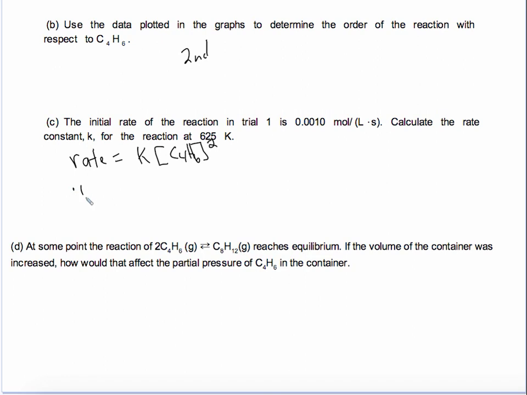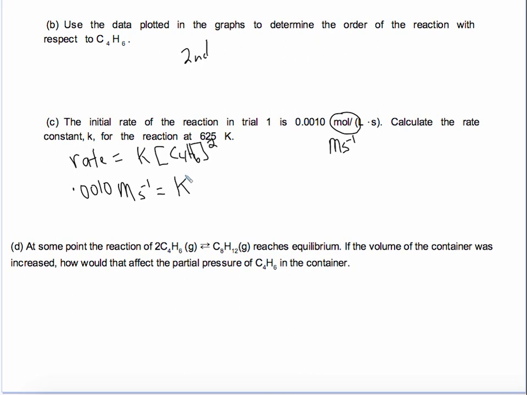Okay, now they're giving us the initial rate, so we'll just plug that in, 0.0010, and they give us the units, which is molarity per second. So the units, I like to combine these two units just to make it easier and call it molarity seconds to the -1. That's going to be equal to K.